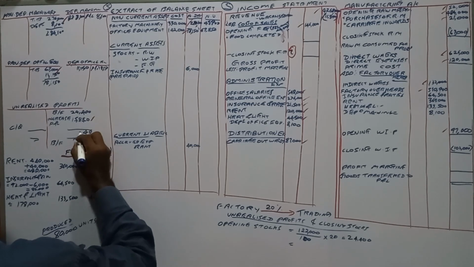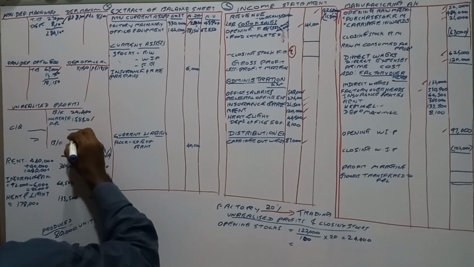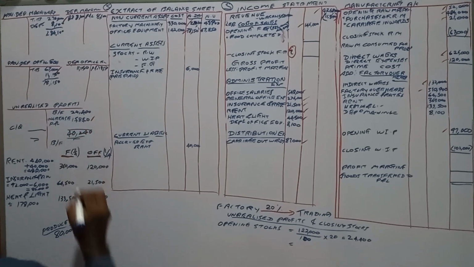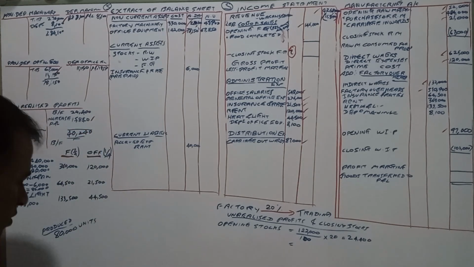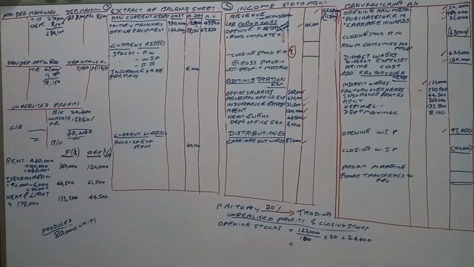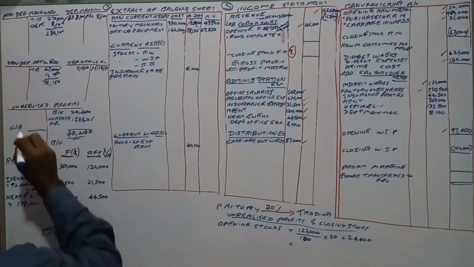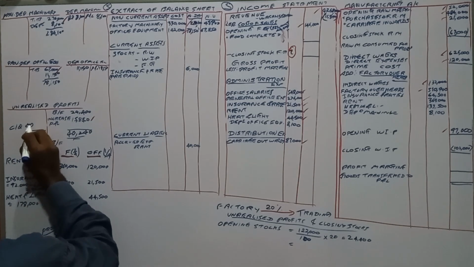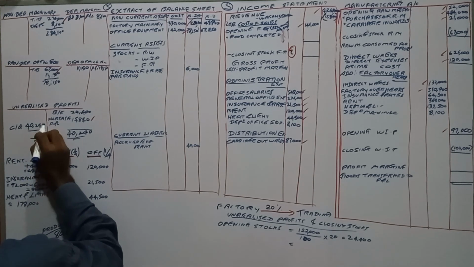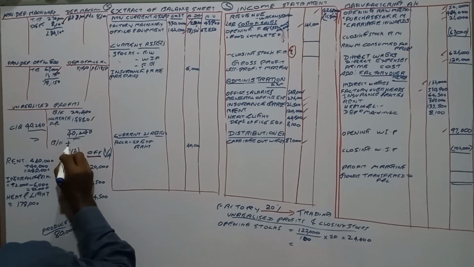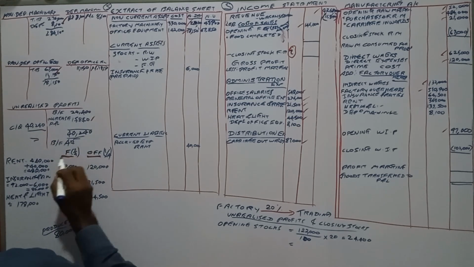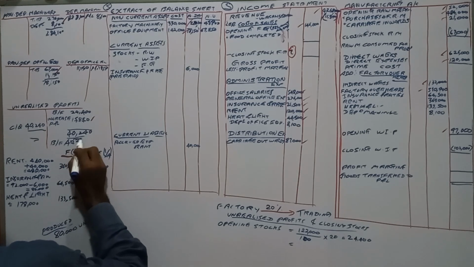Shall we check the amount? 24,400 plus 15,840 is 40,240. 40,240 is the carrying value and the brought forward value for the next year also.